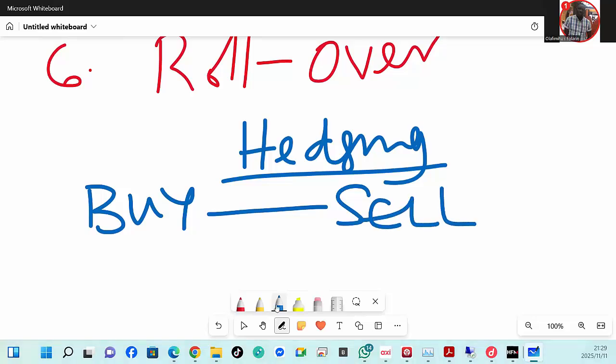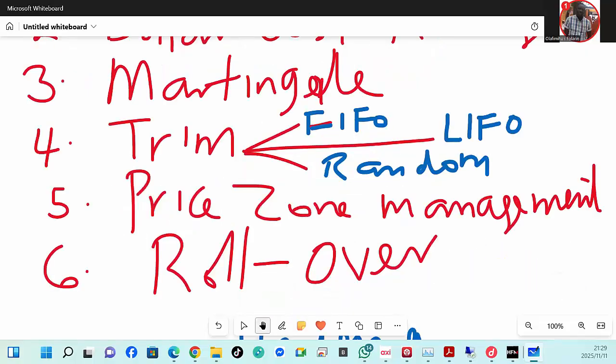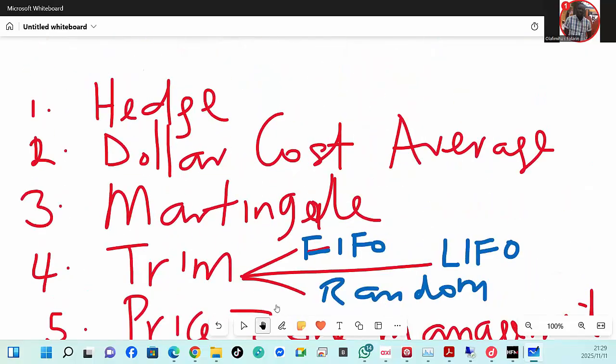We hedge with selling. The combination of buying and selling is what we call hedging. When you combine those two, we hedge our trades. That's number one, okay? Number two is dollar cost average.